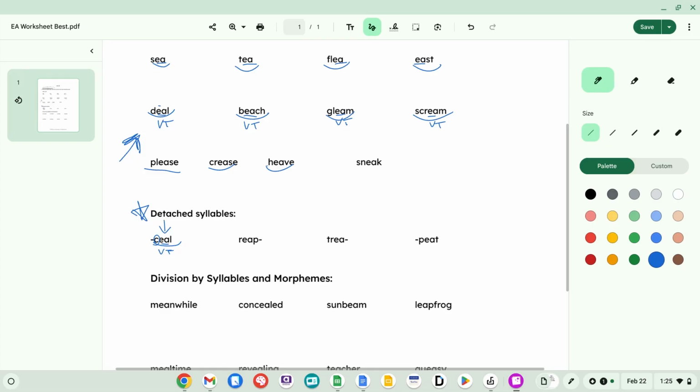So it would be the second part of that. And this would be a vowel team. So reap, E, vowel team, tree, and vowel team. So this says E, like in Pete, like repeat.